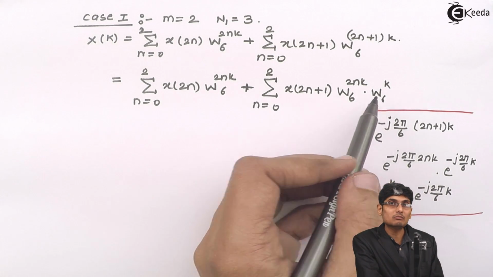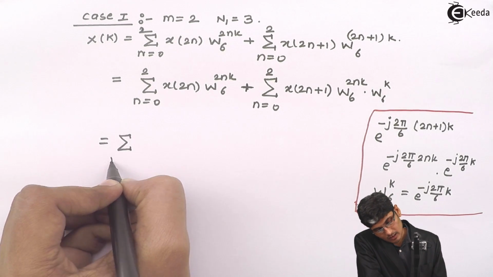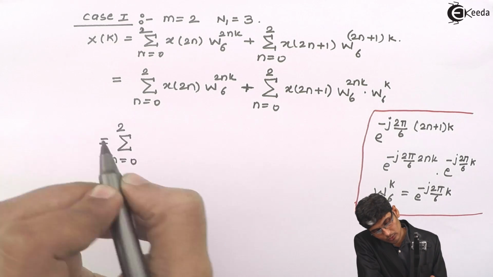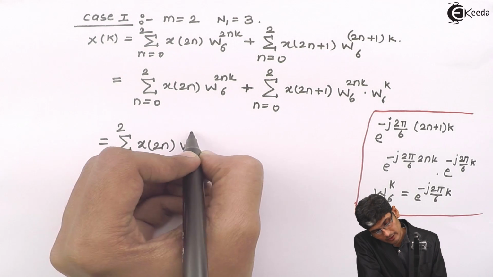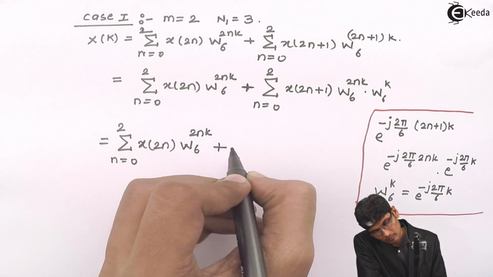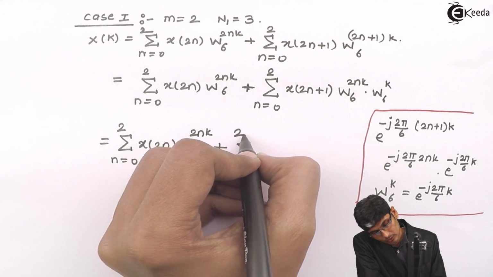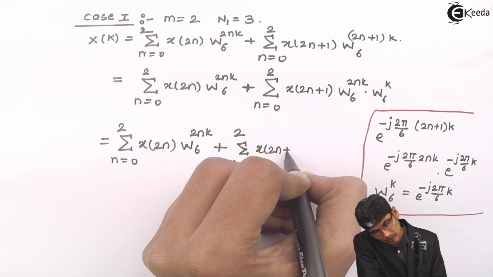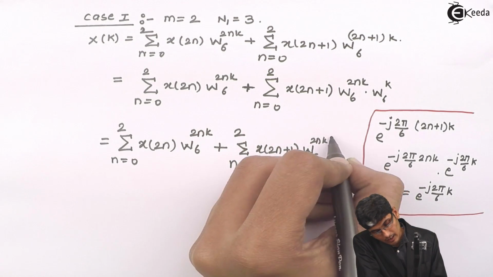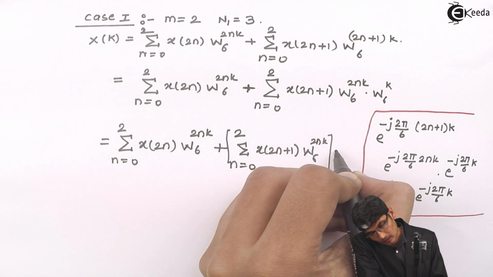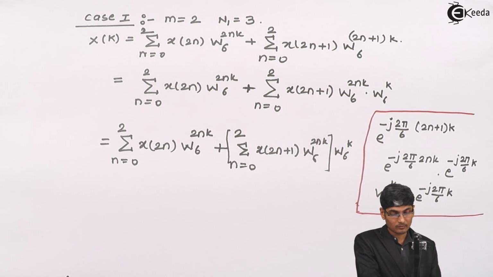So I can bring this term outside of the summation, and I can write it as summation n going from 0 to 2 of x of 2n w 6 raised to 2k plus, let's say, summation n is equal to 0 to 2 of x of 2n plus 1 w 6 raised to 2nk, the whole is multiplied by w 6 raised to k. That means it is outside.